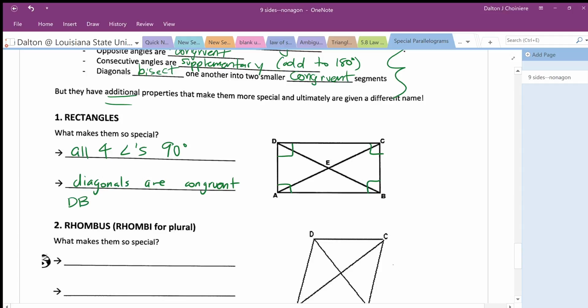So DB, if they're congruent, then DB is congruent to what? AC. Okay, if they are congruent, and up here we also know that they bisect each other, then that means they cut each other in half. So then that means we can also say that if DB was cut in half, then DE is congruent to what?